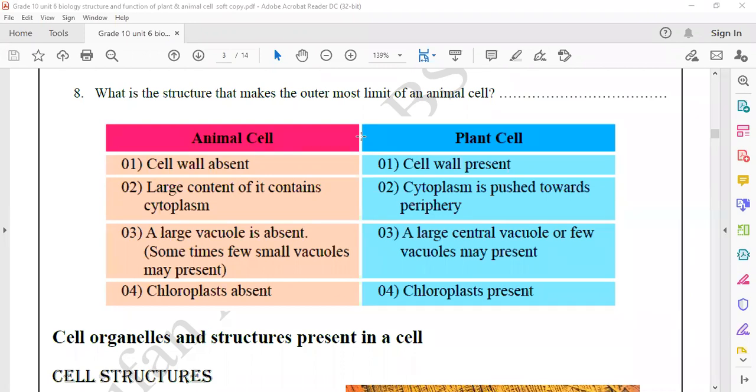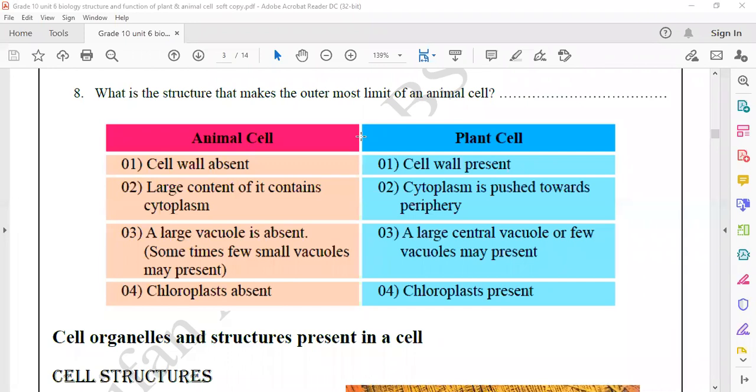Periphery is a noun. Are you okay with this comparison?